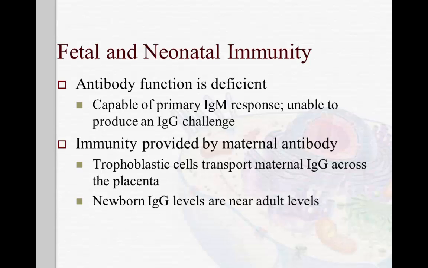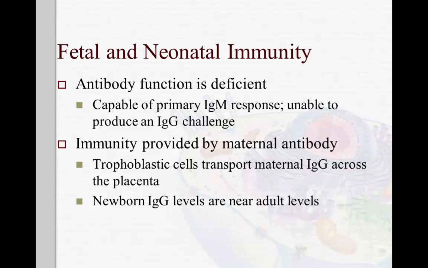They have the capacity of creating a primary immune response and releasing IgM, but they're unable to create a secondary immune response and produce IgG. So they're challenged on that. They do have the capacity to produce IgA, but it's underdeveloped, so it's low. In addition, they receive immunity by maternal antibodies through the placenta.